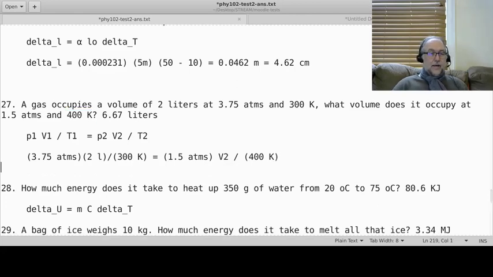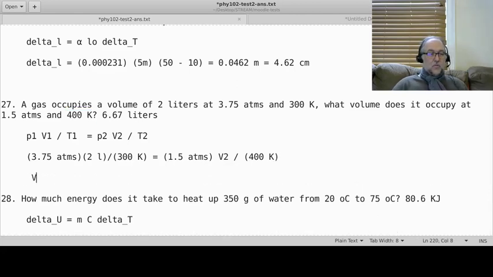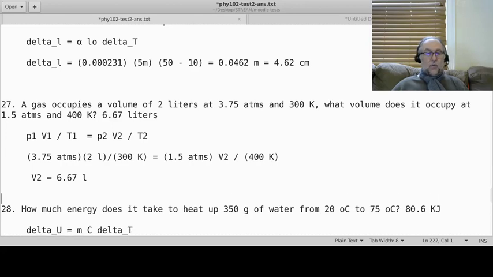And I won't bore you with the arithmetic. You just work that out, and you get that V2 is equal to 6.67 liters. And at no point did you have to make use of the fact that 1 atmosphere is equal to 1.012 times 10 to the 5 pascals.